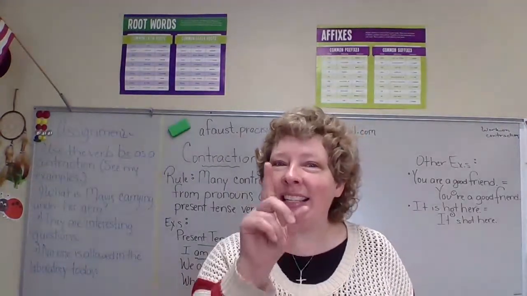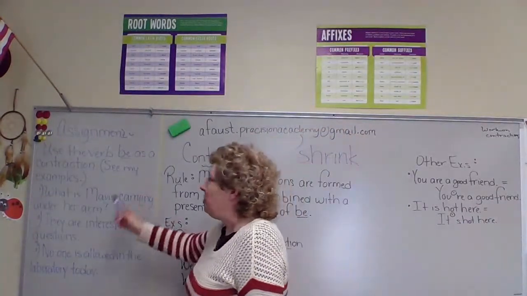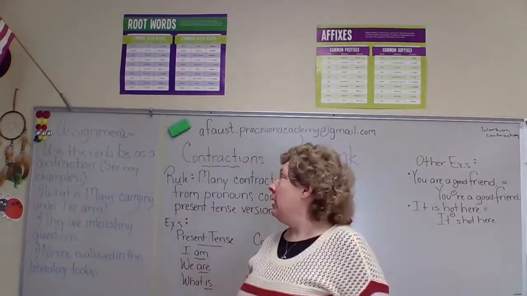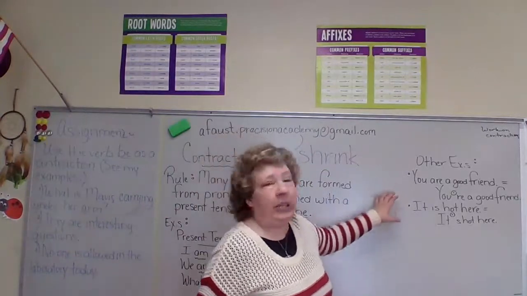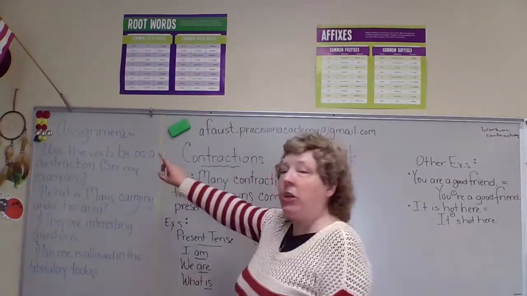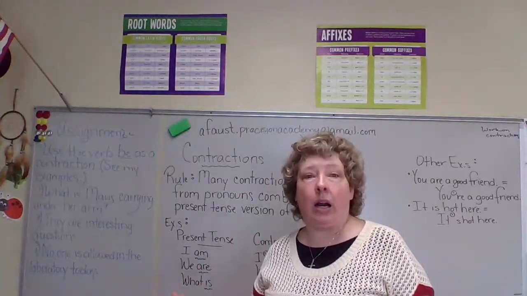Here is your assignment. Yes! Okay. Please make sure you write this down. Use the verb be as a contraction. Look at my examples, especially right here. So again, you're talking about your to be verbs. Am, is, are.